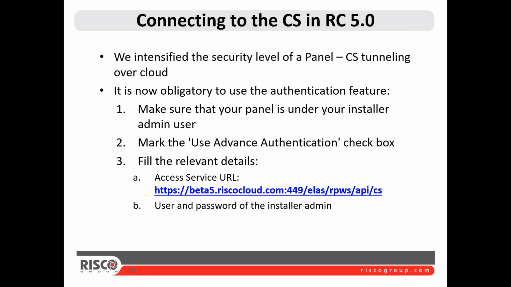And I'll show you the next page, but the URL at the moment is beta5.riscocloud.com. If you want to test this for yourself, and you're actually logging into the Beta 5 cloud at the moment, please have a bit of a play using the configuration software.